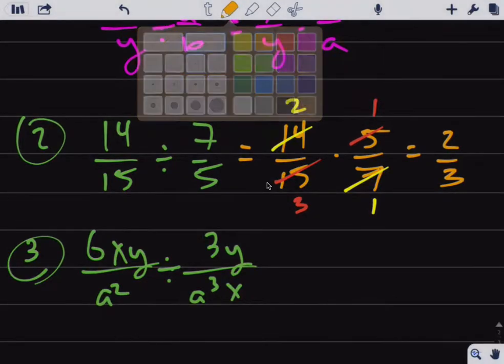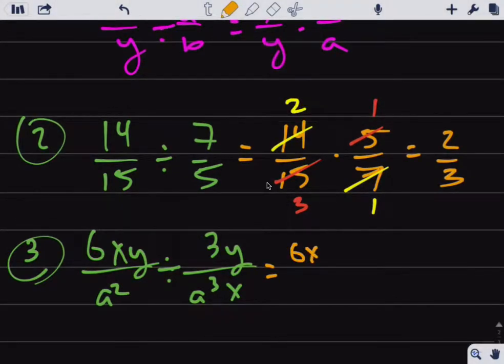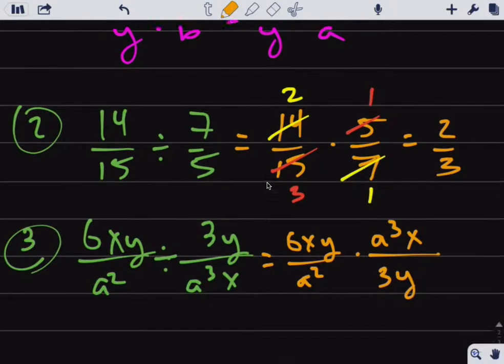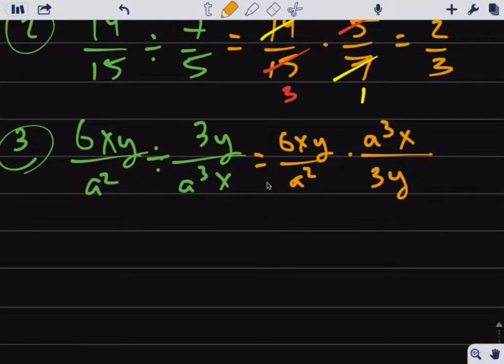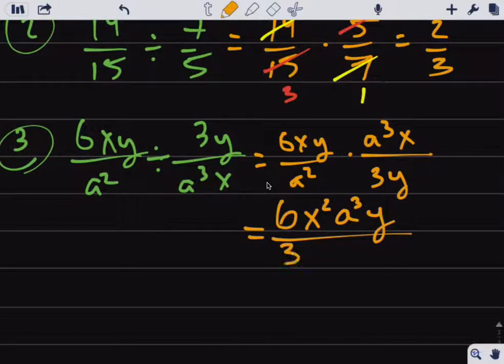What we do is flip the fraction because we're dividing by a fraction, so we get a cubed x over 3y. I'm going to evaluate the top first. 6 times 1 is 6. X times x is x squared. A cubed times 1 is a cubed, and y stays by itself. On the bottom, I get a 3, a squared, y.